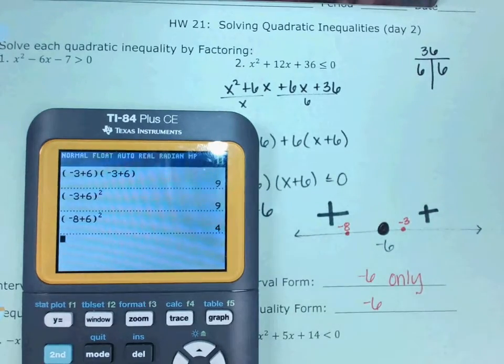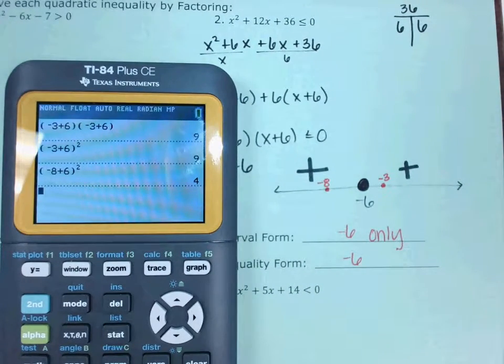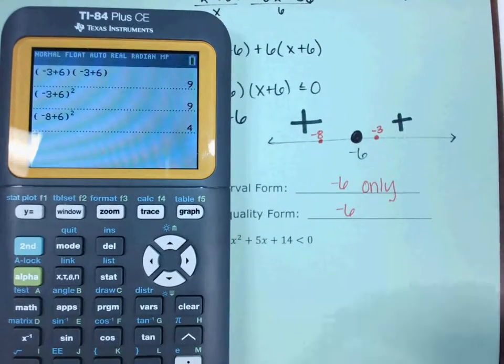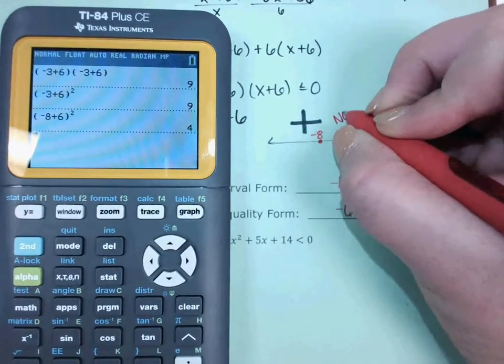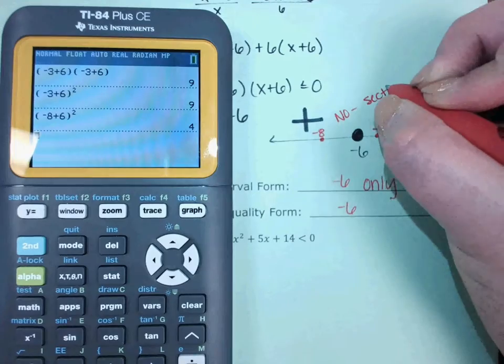Empty set means no number, so I can't put empty set. I have to put negative 6 as the only answer. Now, what if you had a non-shaded number line with only an open circle? That would have been the empty set, because the only circle I have doesn't even count. If you want to make a little note of that, I'm going to put there are no negative sections.